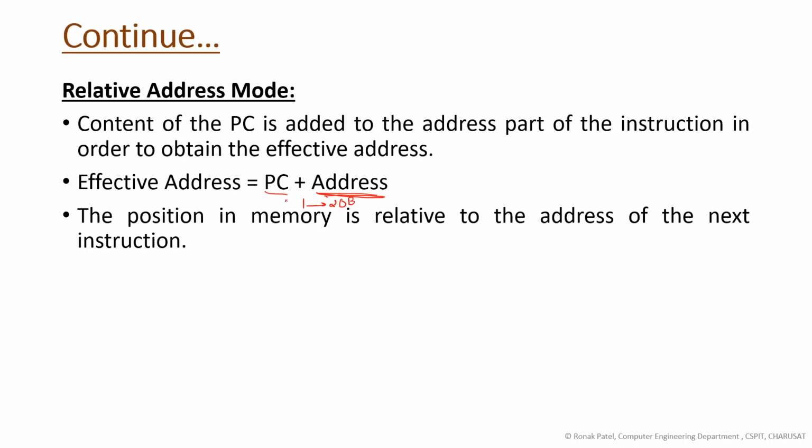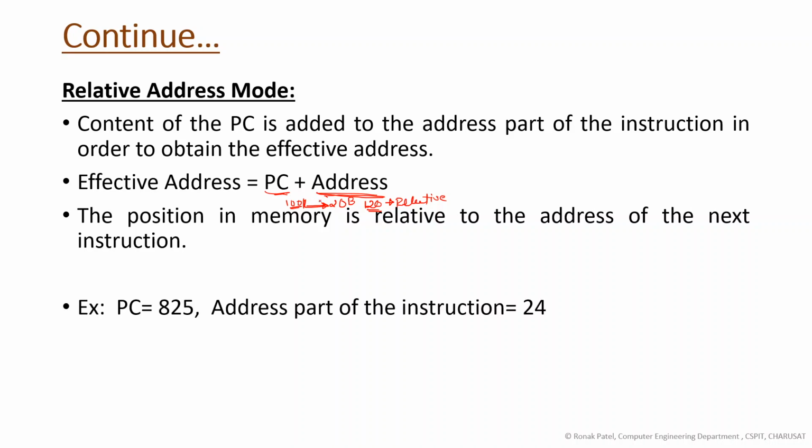Suppose the next instruction is 100, then after 100, it's 20 bytes, right? At that place, 120, you will get the address of the operand. Okay, that is a relative address. Relative, right? Related to what? Right now, PC.